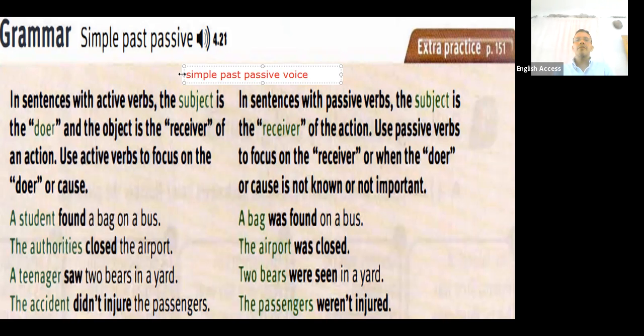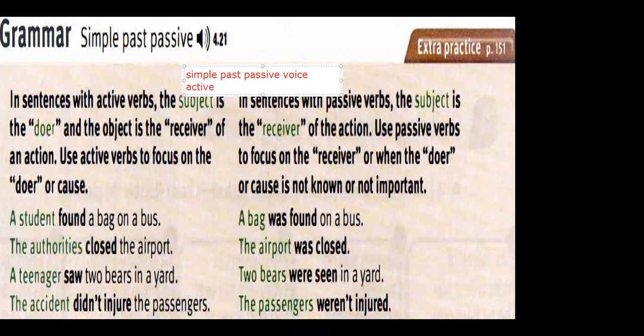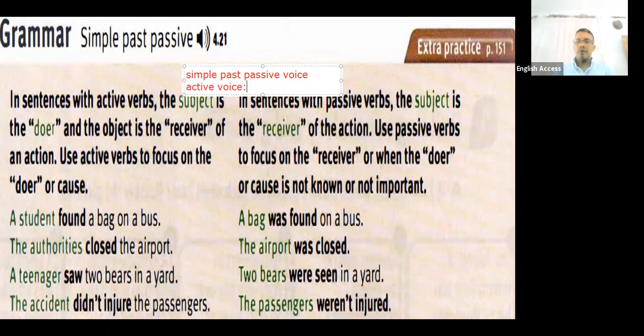Remember the formula to form first. The key here is to know the object. Well, in active voice, it's a normal voice, right? In active voice, of course, we have a subject, we have a verb.